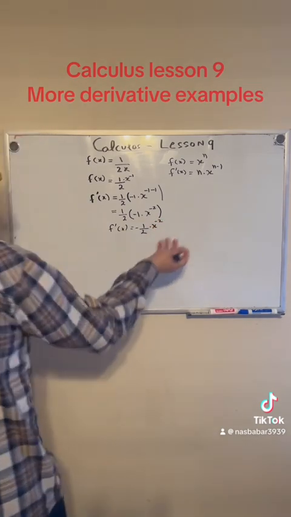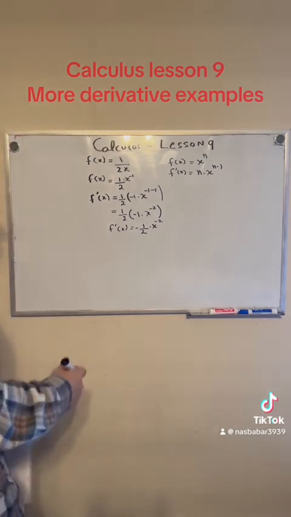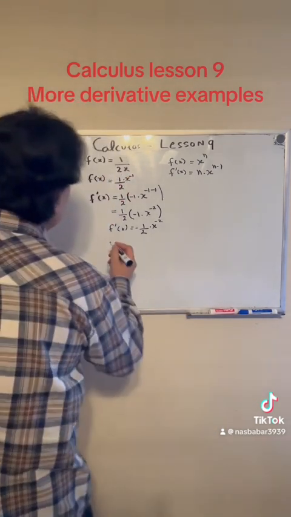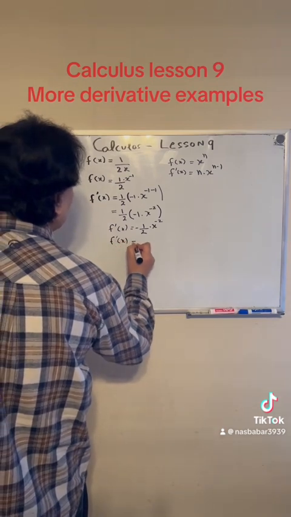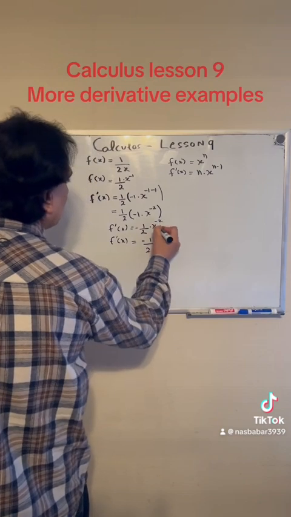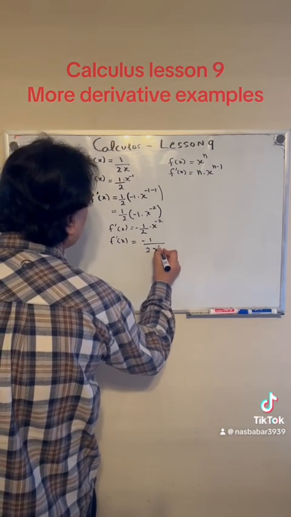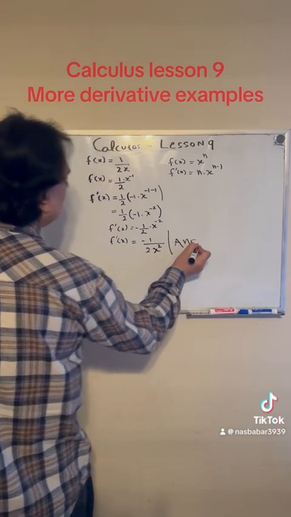Now you can either leave this like this, that would be a good answer, but if you want to show your professor a little more courtesy, you can do f prime of x is equal to minus 1 over 2, and then bring this x to the minus 2 right here, and it will become positive. So that, my friends, is the answer.